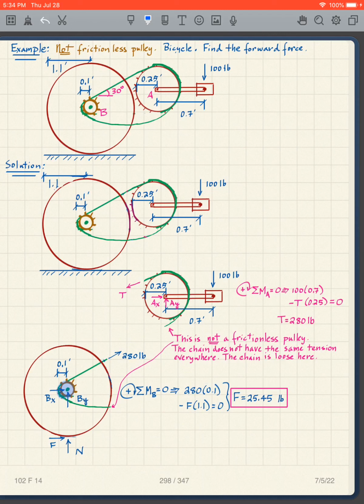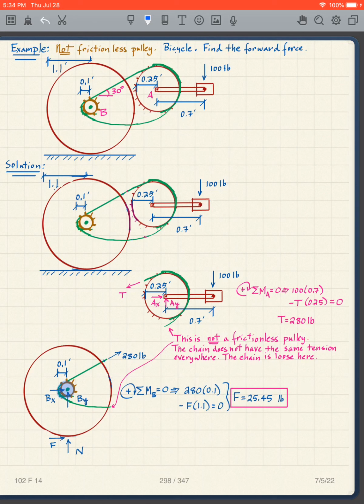So I simply solve that for F. It looks complicated. I get F is 25.45 pounds. So I push with 100 pounds, I get a forward push of 25.45 pounds.